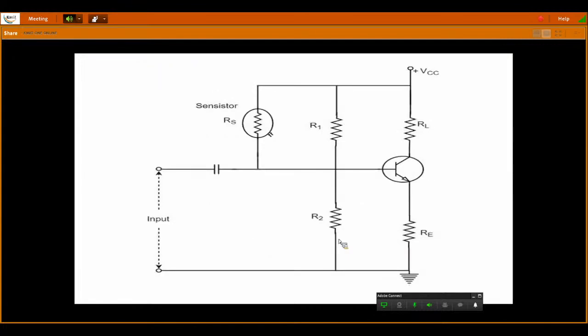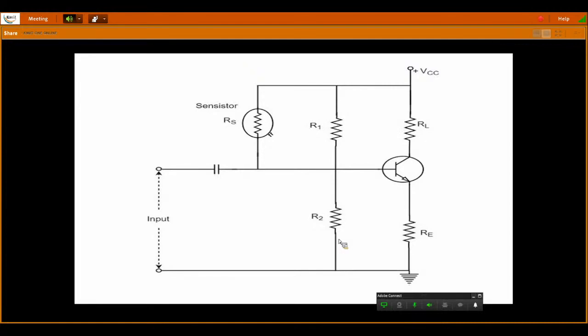Now, how to bias using your sensor, or how to compensate using your sensor resistor. In your thermistor, we connected the thermistor from collector to emitter, whereas when moving to sensor compensation, I have to connect the sensor from collector to base. So now this collector to base junction is connected with your sensor.